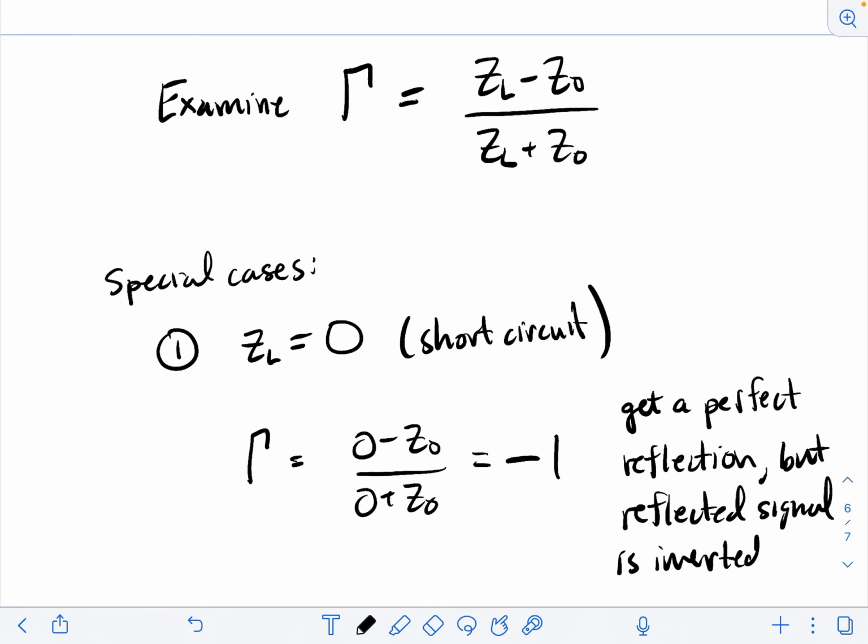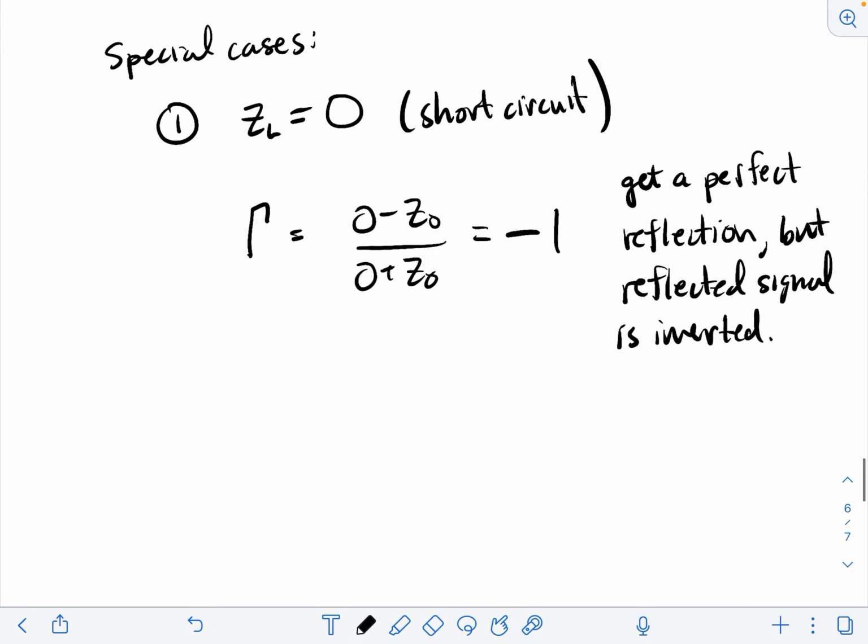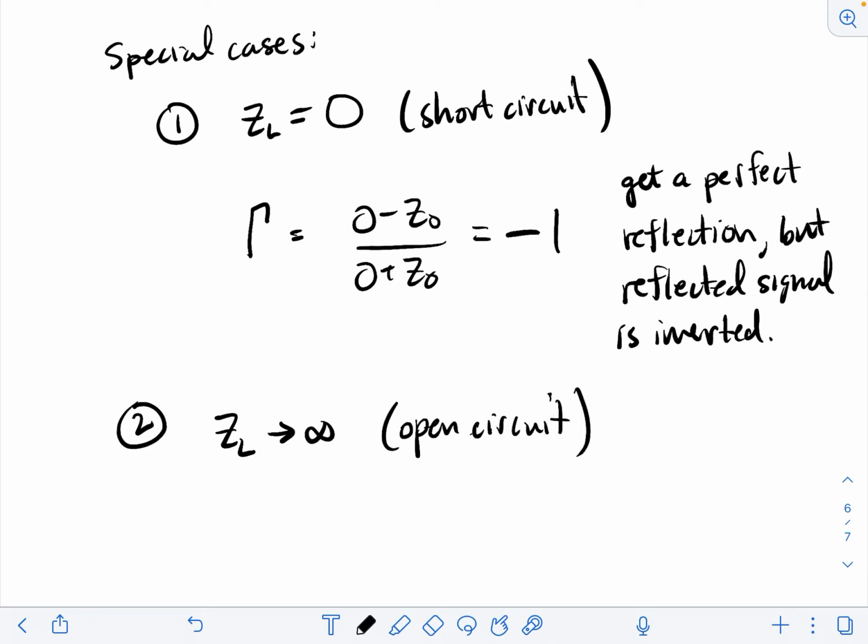Okay, special case 2 is ZL goes to infinity. So this would be like an open circuit. We just connect nothing across the two ends of our wires at Z equals 0. They're just not connected at all. In that case, gamma is going to be ZL, which is infinity, minus Z naught, divided by ZL, which is infinity, plus Z naught.